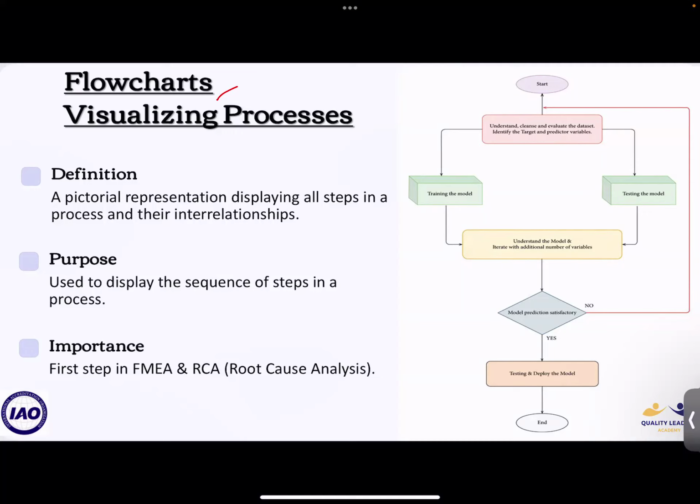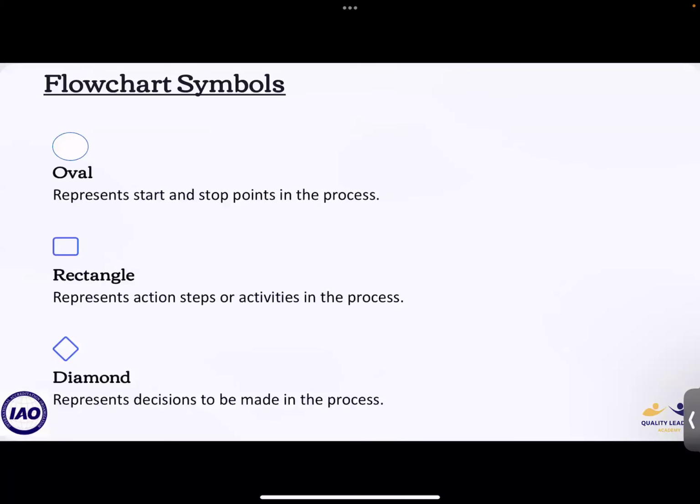Its importance is that it is the first step in FMEA and RCA because it is considered a process mapping technique. I will draw the steps of the process step by step. In the flowchart, we will notice that the start and end are always in an oval.